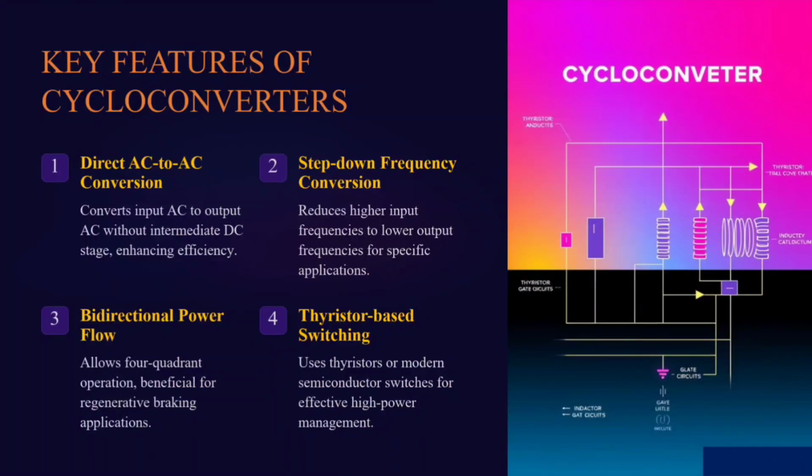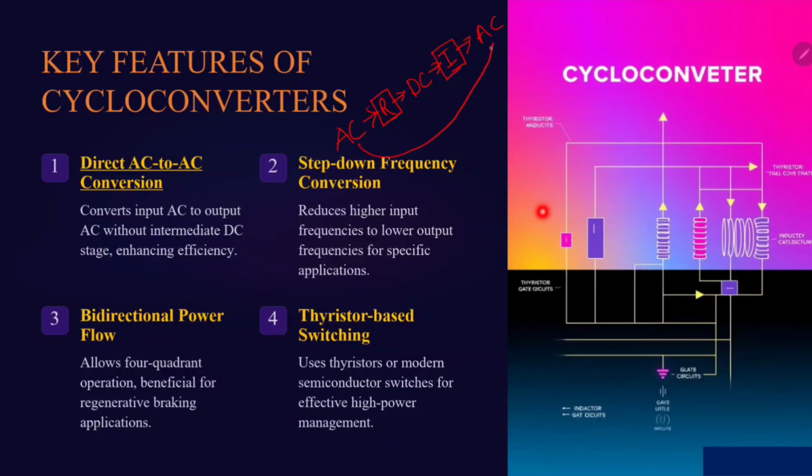Some key features of cycloconverter. First, direct AC to AC conversion. What is the meaning of direct AC to AC conversion? It converts AC to output AC without an intermediate DC stage. If we use a rectifier and an inverter for converting AC to AC, then by using the rectifier we get DC, and this DC is converted again by the inverter to get AC.